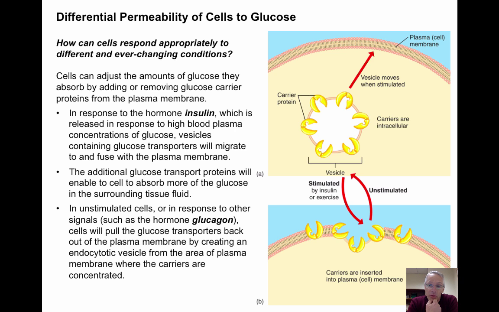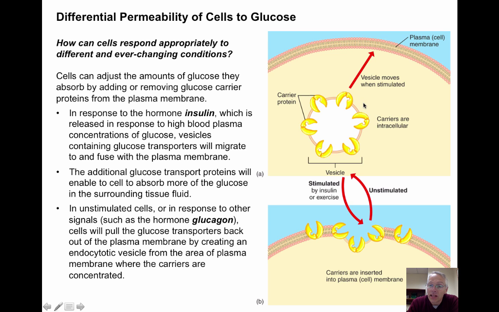then it would move some of the carrier proteins that are lying in wait, embedded in a vesicle. And remember that these vesicles that we see inside of cells are made of the same lipid bilayer that the plasma membrane is made of.